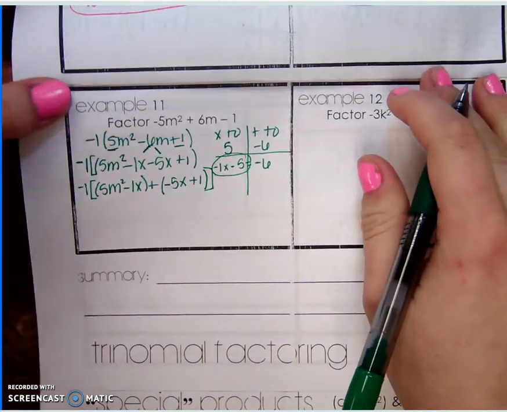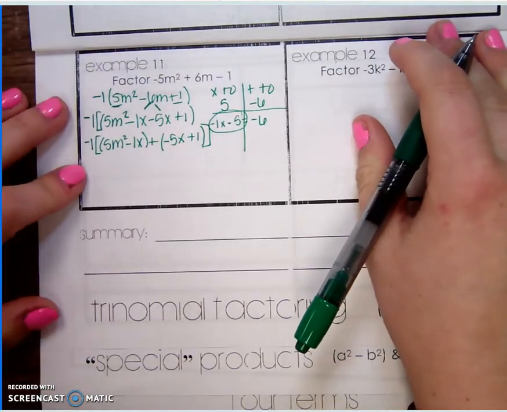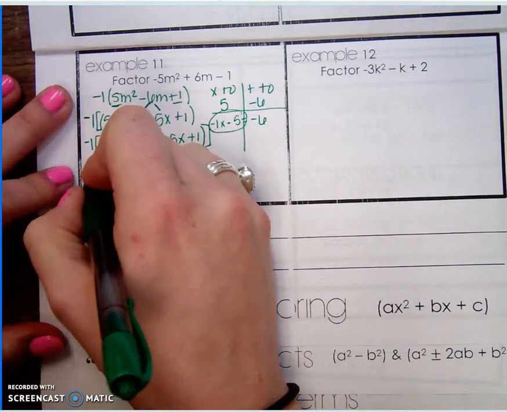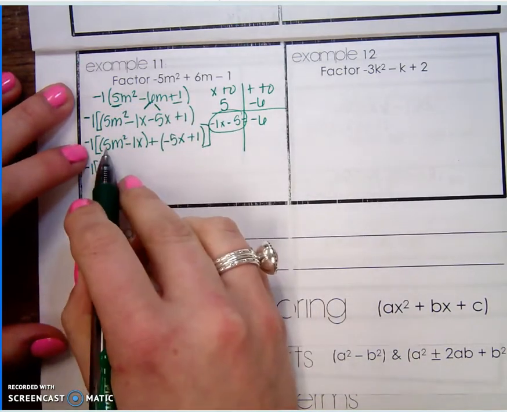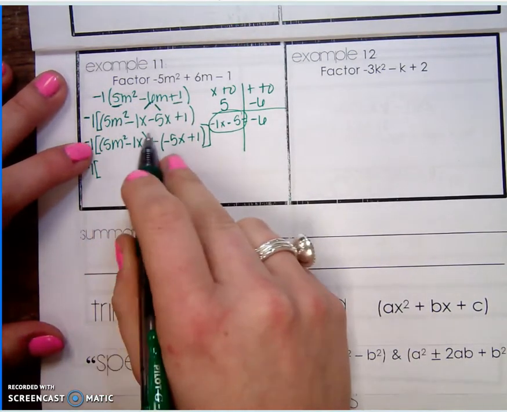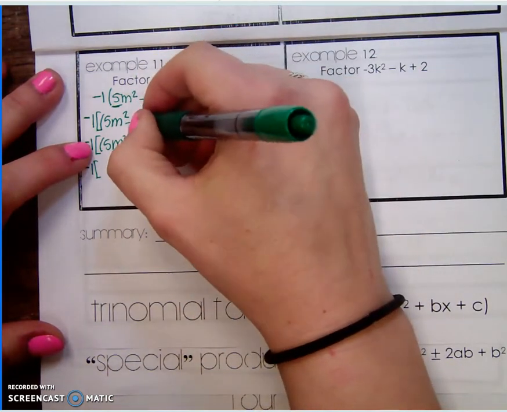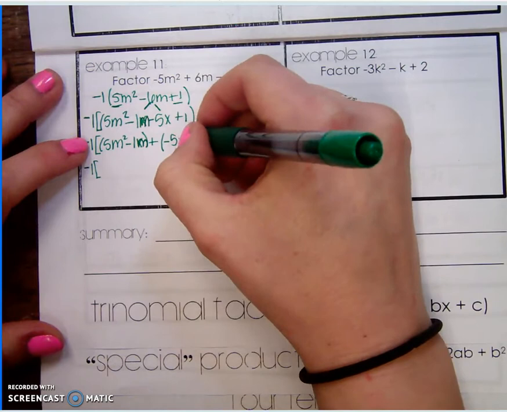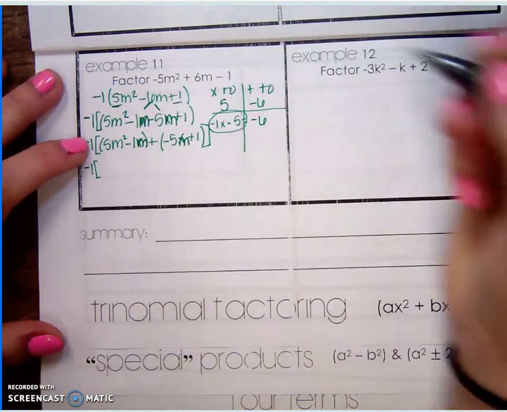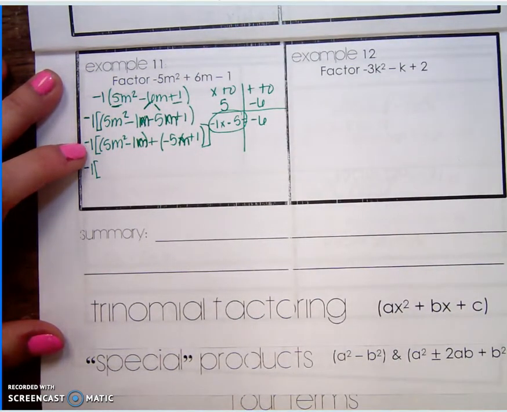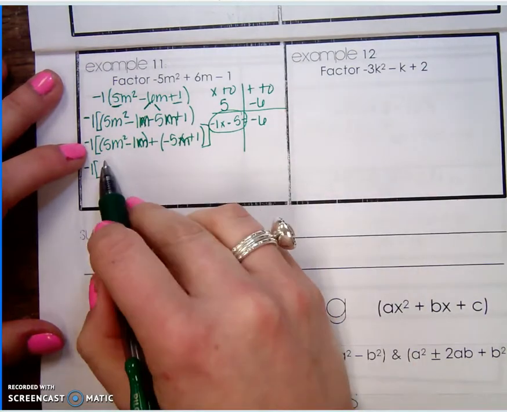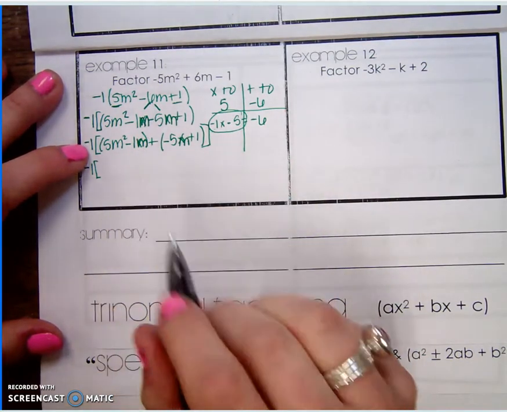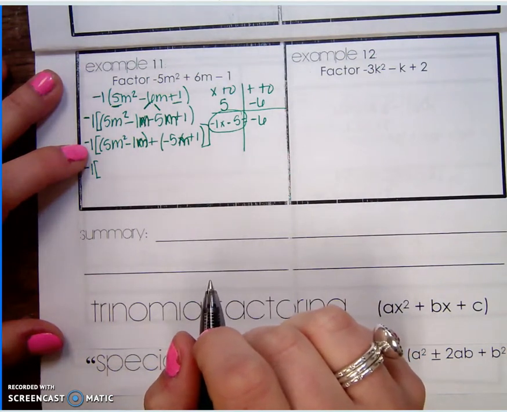Now use your GCF. We're still going to pull out our greatest common factor. Leave negative 1 on the outside of the brackets. Out of 5m squared, oh, I don't know where I get m's and x's. Look at me. Those would all be m's. Okay? So I have 5m squared and a negative m.